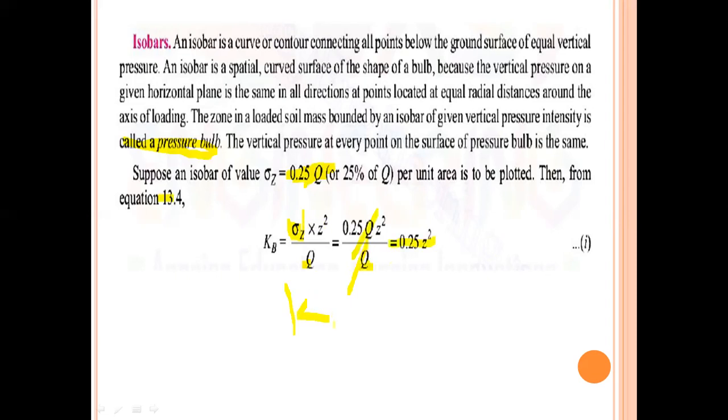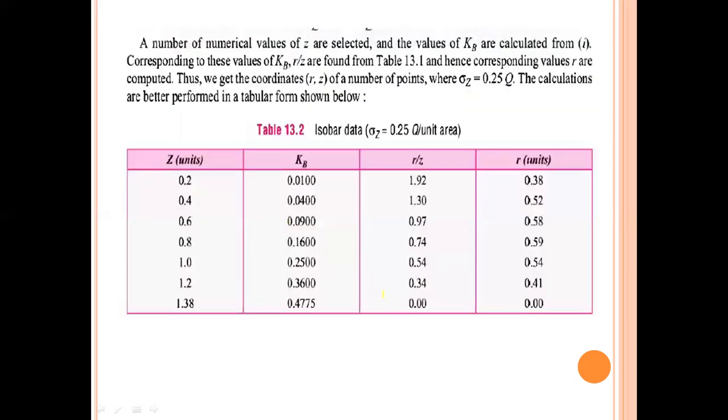Here Kb equal to 0.25 z square. So a number of numerical values of z are selected, and the values of Kb are calculated from it.